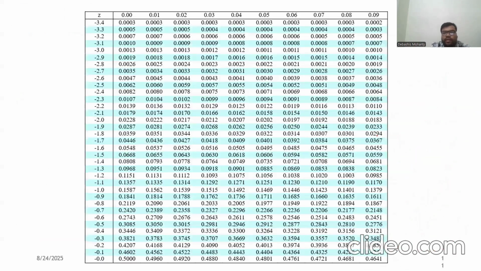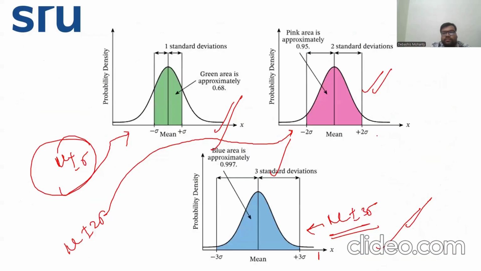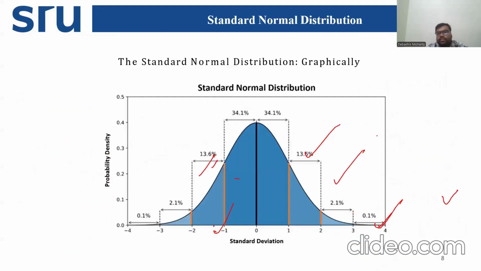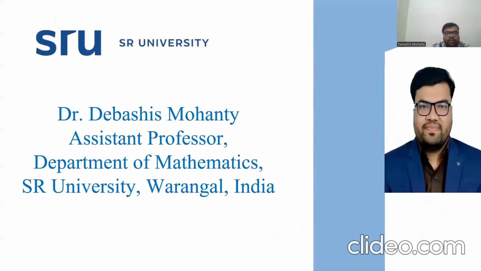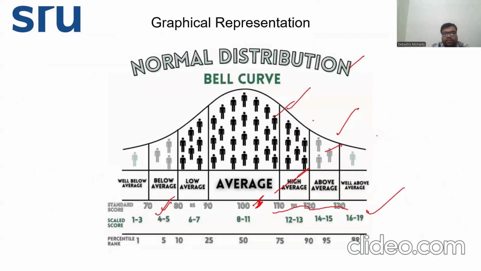So basically, normal distribution means using this normal distribution table, we are going to calculate the z value. These characteristics explain that bell shape. To find the average, in this figure you can see the average is like that, and here is the low average, the high average, well above average and well below average. Here it is 3, here it is 3.